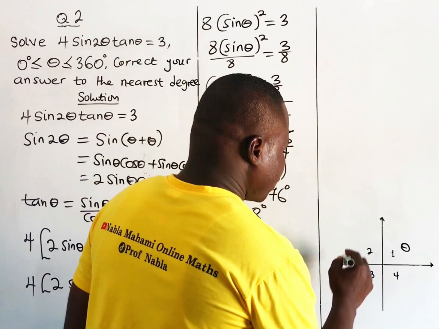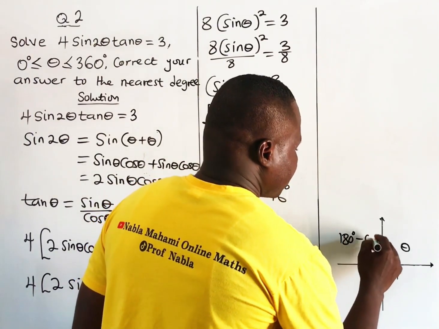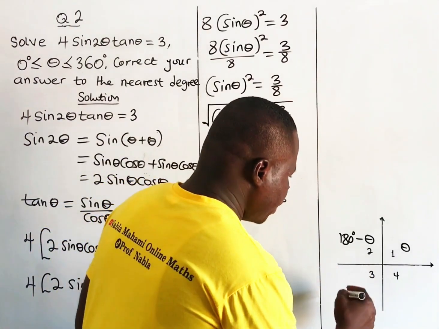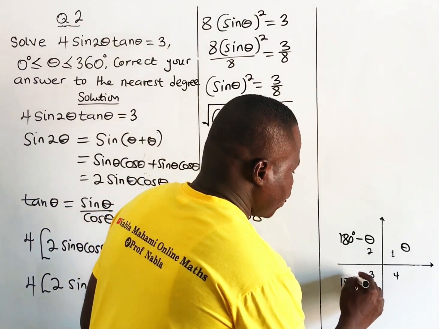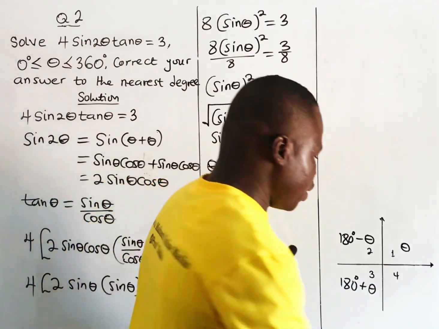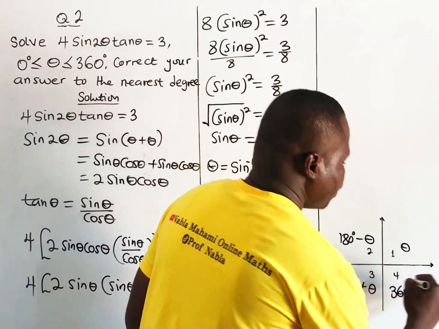In the second quadrant, the angle is 180 degrees minus theta. In the third quadrant, it is 180 degrees plus theta. And in the fourth quadrant, the angle will be 360 degrees minus theta.